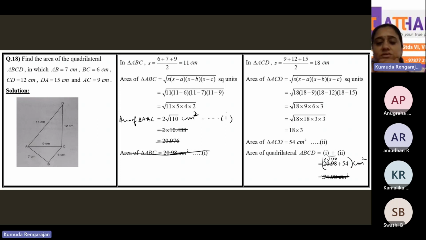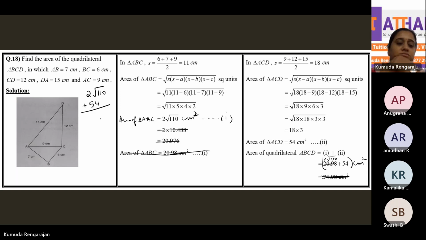Anirudhan, any questions? Finished writing this? Sorry, completed working the answer? Yes, ma'am. Okay. Did you get it right, Anirudhan? Yes, ma'am. Okay. And can we add 2 root 110 and 54? No, ma'am. Why?